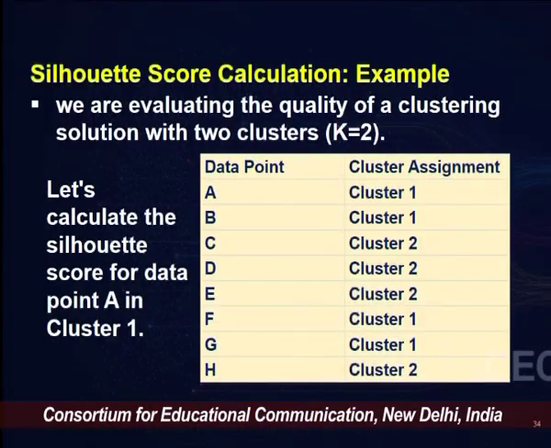Now, as you can see in this working example, let us see how exactly this can be calculated. We are evaluating the quality of a clustering where the k value is 2, for the given data points, and these are the cluster assignments. Some of the points belong to cluster 1 and some belong to cluster 2. How do we calculate this score for data point A in cluster 1?